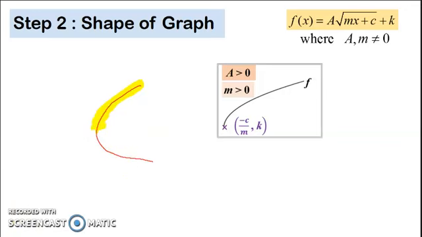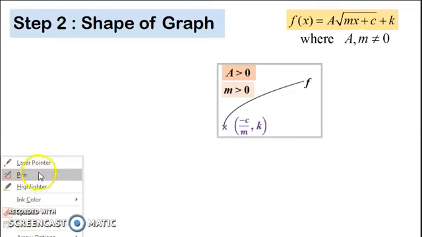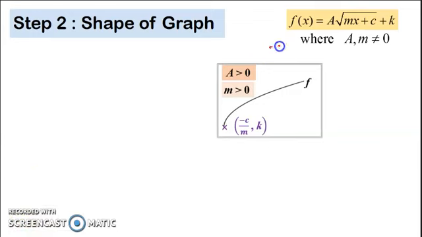The shape you need to recognize here is that if the square root is positive, and the coefficient of x is positive, which corresponds to a greater than 0 and m greater than 0, then the shape of the graph will look something like this.